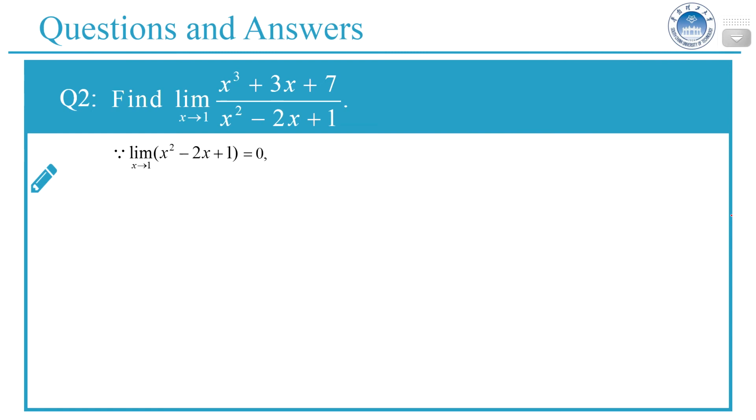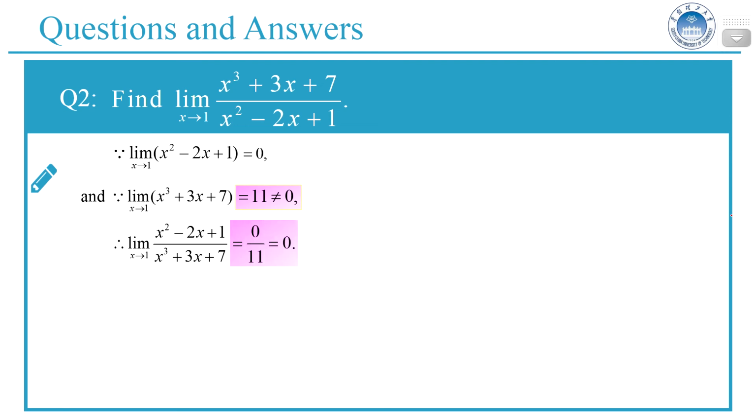This means the limit of g equals 0. And then, because the limit of x cubed plus 3x plus 7 equals 1 plus 3 plus 7 equals 11, and 11 doesn't equal 0, we can check the limit as x tends to 1 equals 0 over 11 equals 0. And this time we should change the order of numerator and denominator.